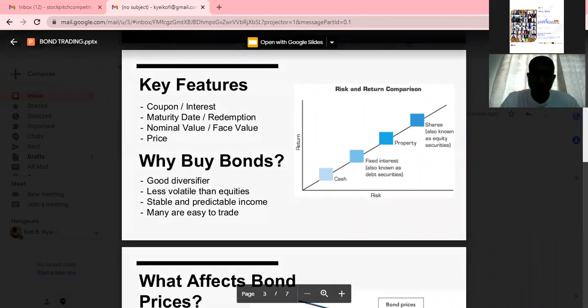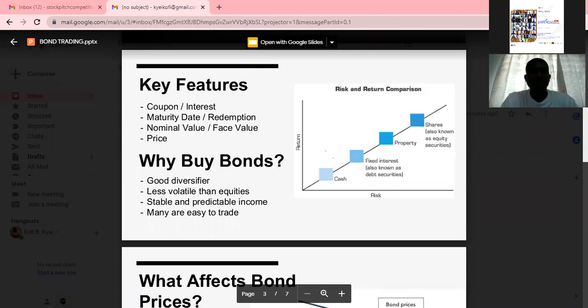So the fixed income securities, due to the level of risk involved, which is higher than keeping your money in a cash account or a bank account, you receive a higher return than putting it in your bank account. And then at the topmost part of it is shares or equity, which comes along with a lot of risks and then gives you a lot of return for that.